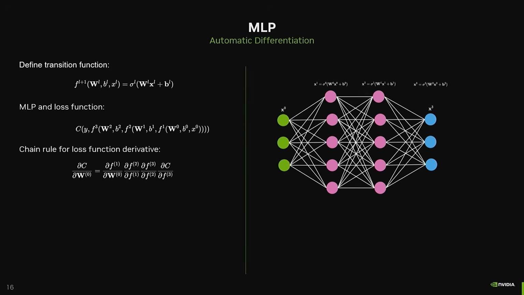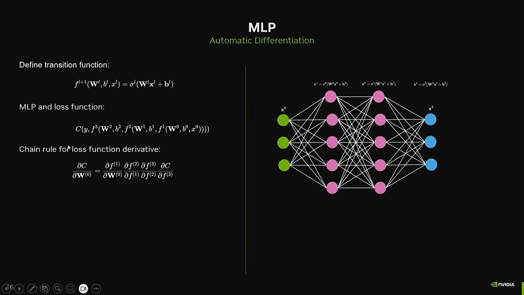So if you can redefine that step between different layers as a function, we can express the whole loss function in this form, where we have y as the known values to which we compare, and nested calls of function f for different layers.